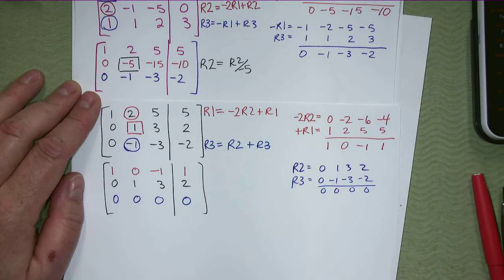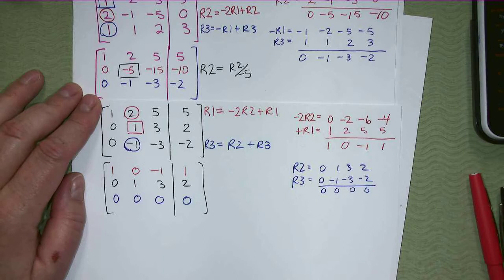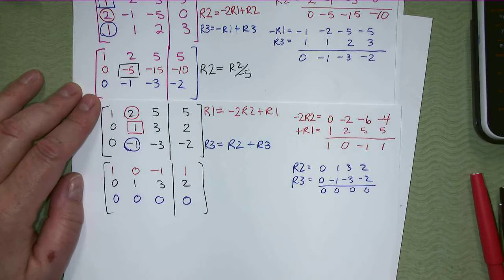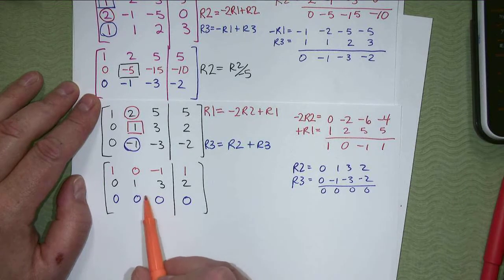So now normally where we would make a 1, there is a 0. You can't divide by 0, so you can't make a 1 there. Because normally you would make a 1 here, but you can't. So you stop, you're done.